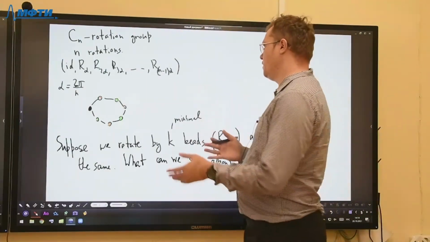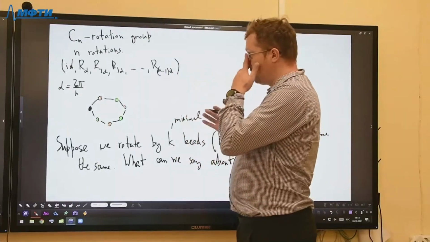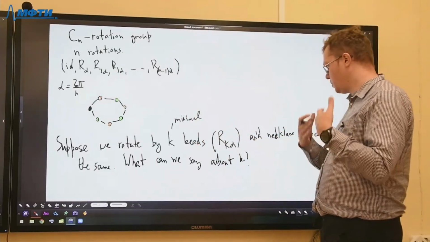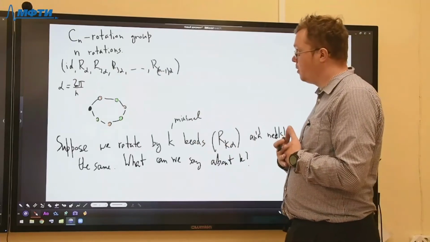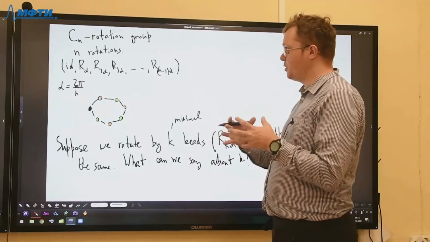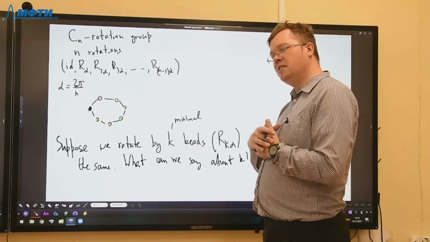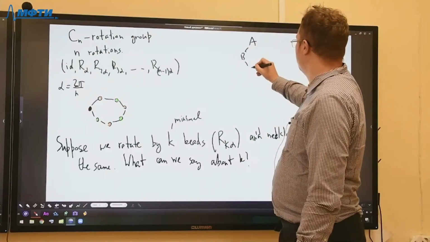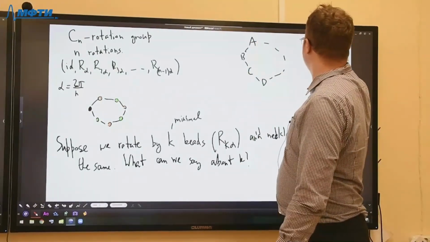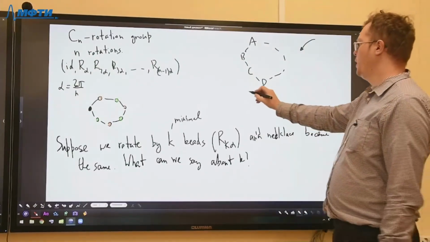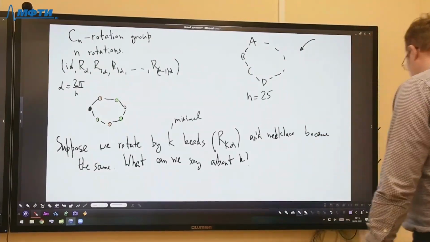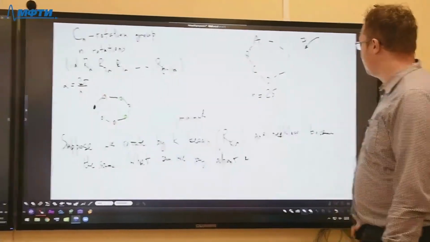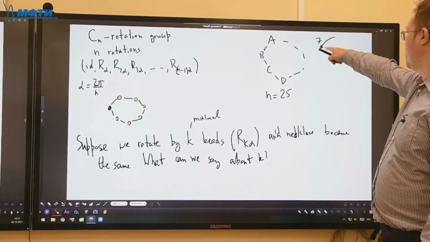Let's look at all the rotations that stabilize this necklace, so that it becomes the same. What can you say about the set of these rotations? For example, we have a circular word with n equal to, say, 25, and we rotate by 7 bits and it becomes itself. Can we calculate all the rotations?